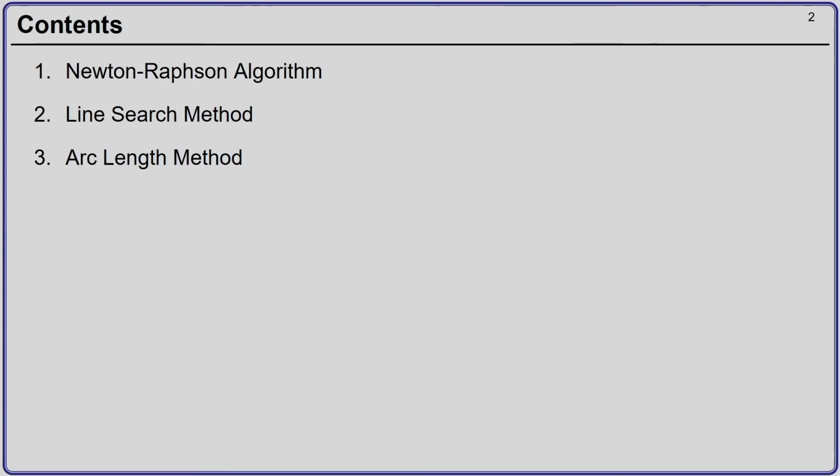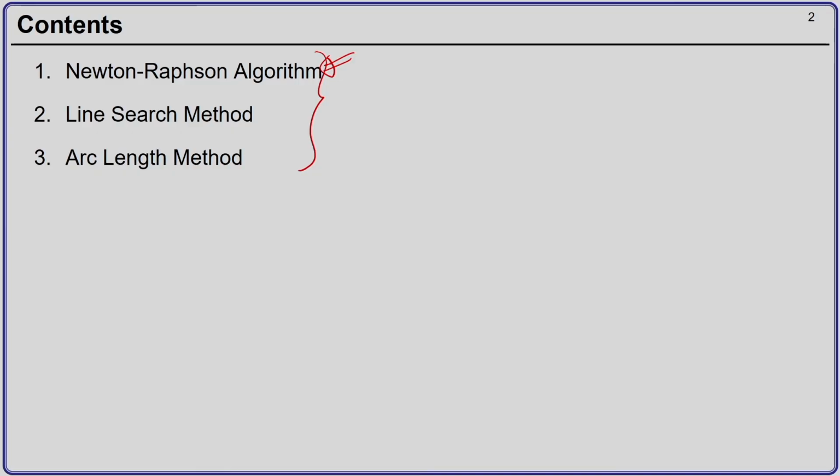In this module we will be discussing the following three topics. First, we will have a quick revision of the Newton-Raphson algorithm that we discussed in the mathematical essentials covered in the initial part of this course, followed by the Newton-Raphson algorithm for the discretized equilibrium equations and the discretized linearized virtual work expression that we obtained in the previous lectures.